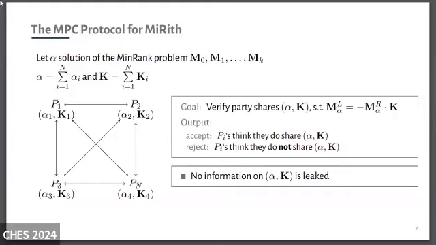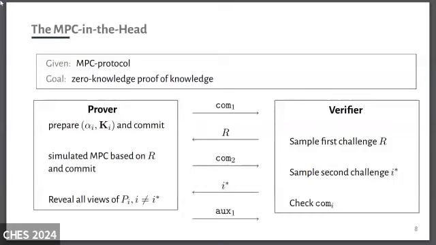Now we are given such a protocol, and we want to construct a zero knowledge proof of knowledge, in which a prover wants to prove to a verifier that he has indeed knowledge of a solution to the MinRank problem. First the prover prepares his additive shares alpha i and Ki and commits to them.